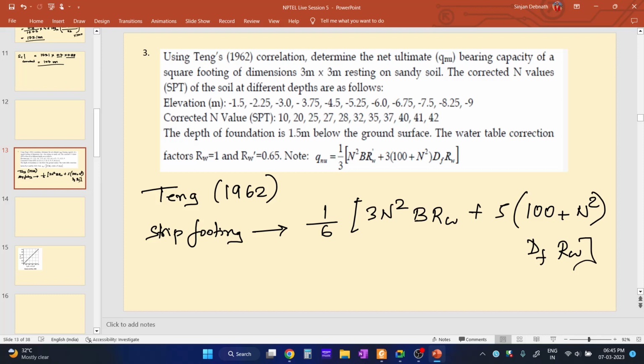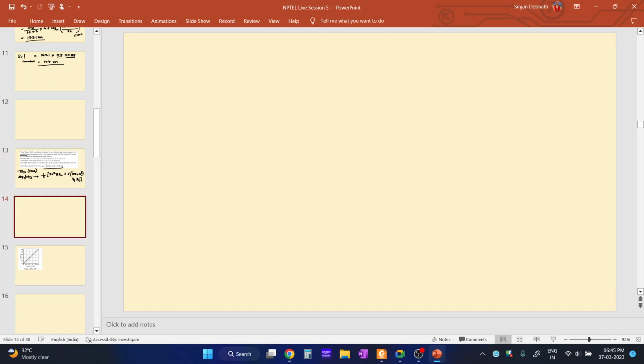This equation is for strip footing. Okay, and for square footing or circular footing, the equation is this. Let me write down the equation once again.